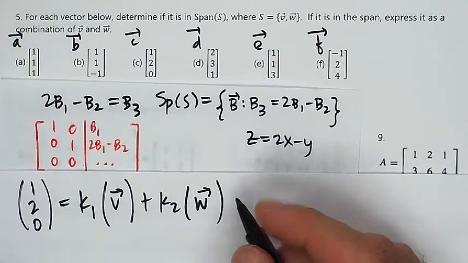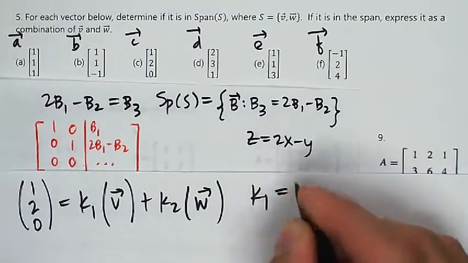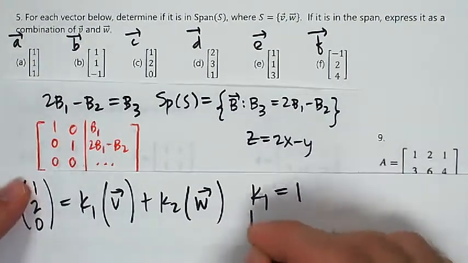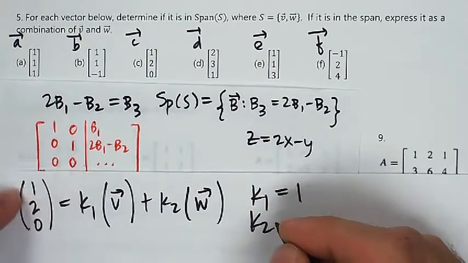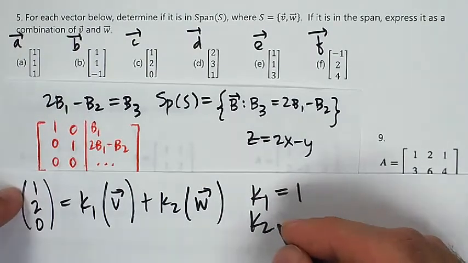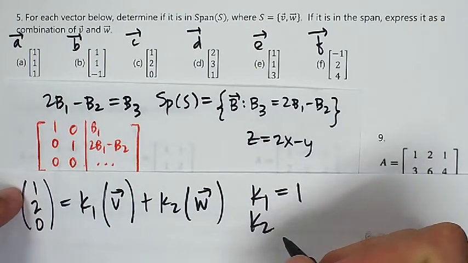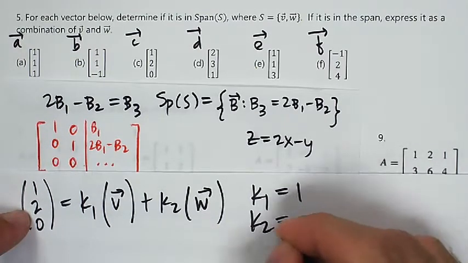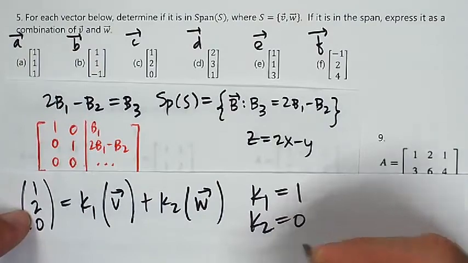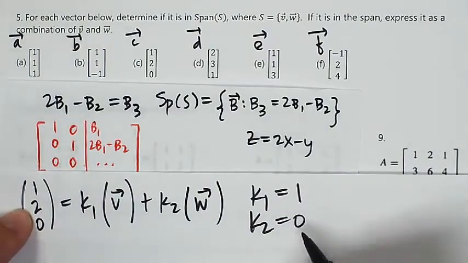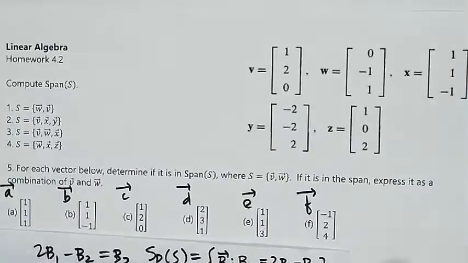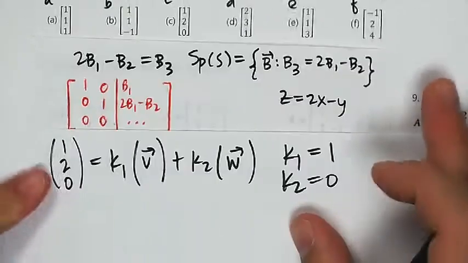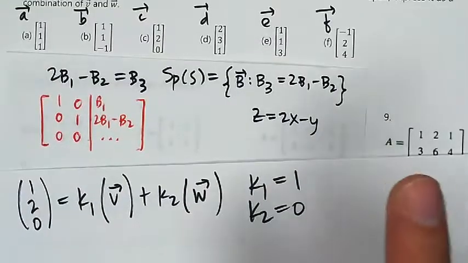Okay, so K1 is equal to B1, which is 1. K2 is 2B1 minus B2. That's equal to 0. 1, 2, 0. Oh yeah, 1 V, no W's. Go up here and look at, oh, that's V. I feel like that's obvious. Okay, anyway, it's all right.